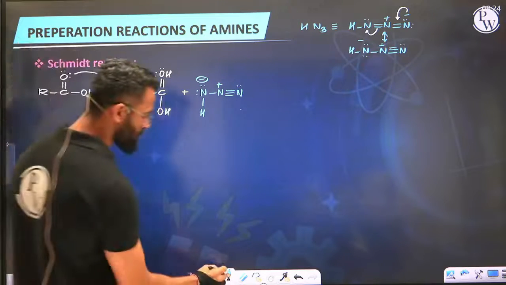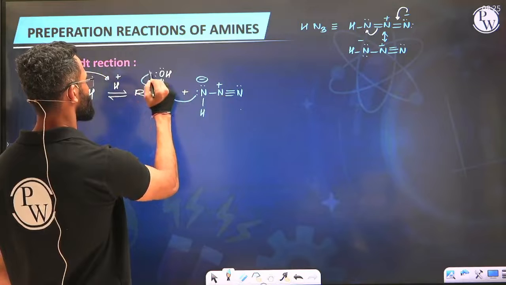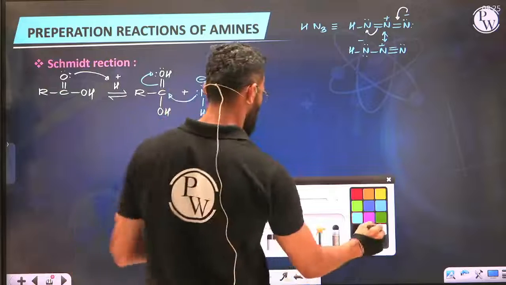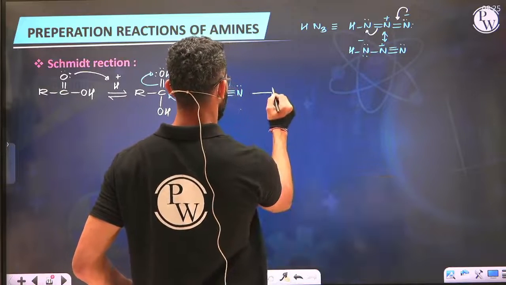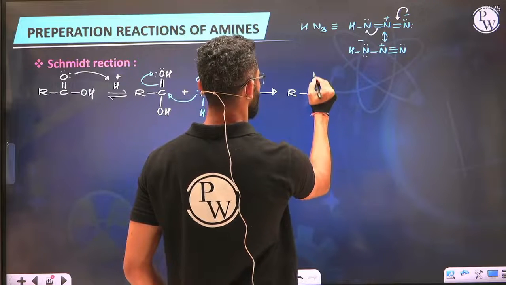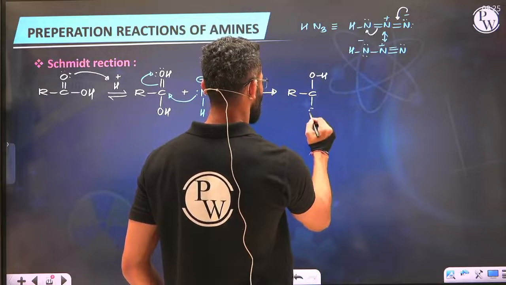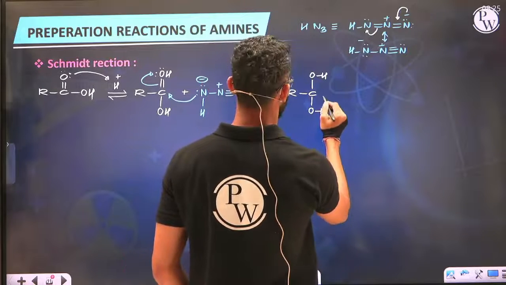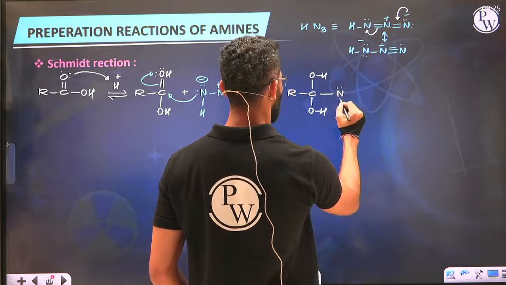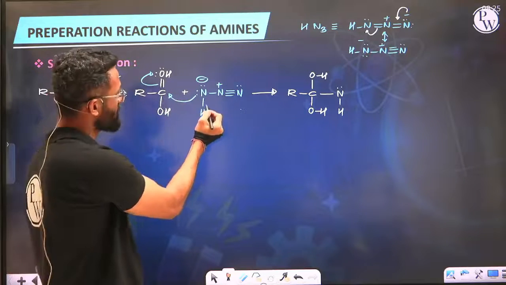Okay, now look everyone, this electron rich nitrogen will attack here, this bond will break to give you C single bond OH. So we have got RC, single bond OH, single bond OH bonded to N electron pair carrying a proton, N with only one electron pair because the other has formed a covalent bond, carrying one proton here, carrying N2.